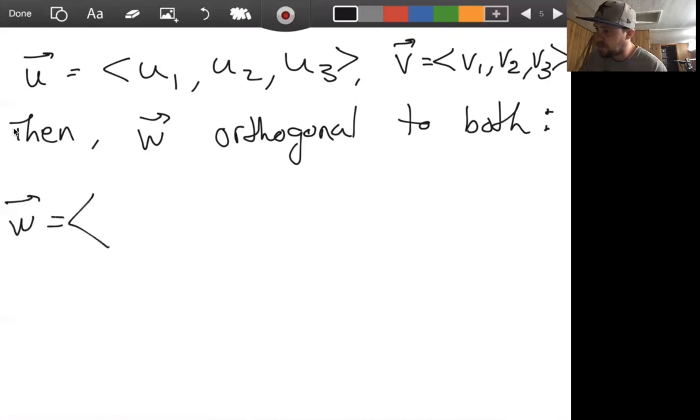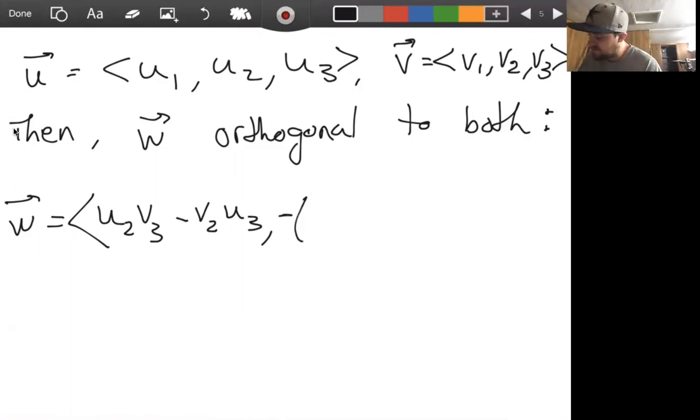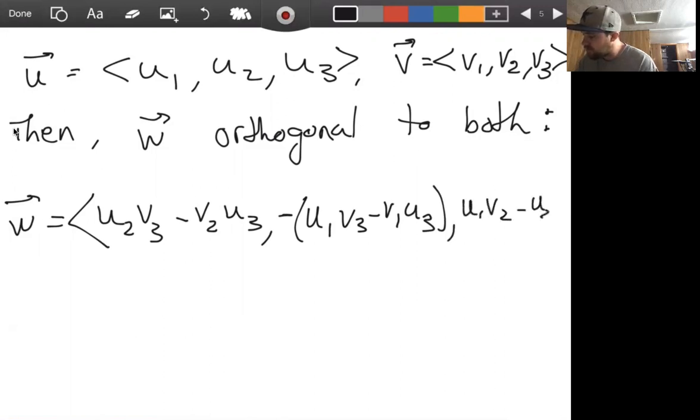The first component was u2 v3 minus v2 u3. And then the second component was negative (u1 v3 minus v1 u3). And then the third component is u1 v2 minus u2 v1. Angle brackets here, that's the end of the vector. And so this is our vector.